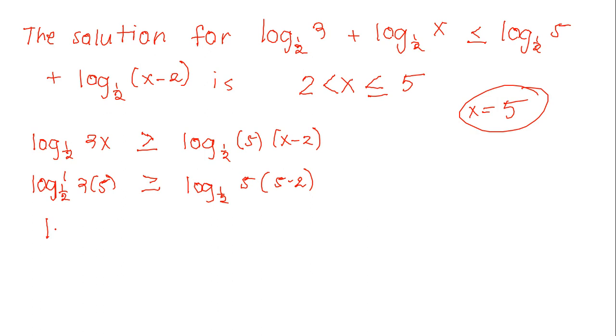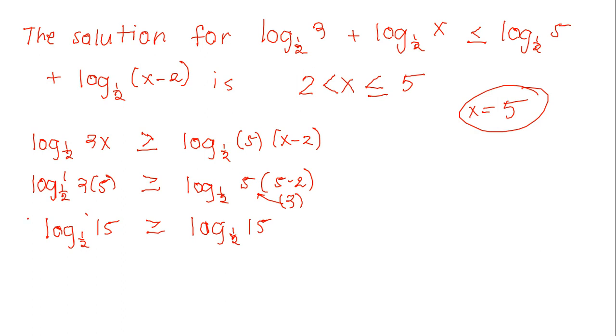3 times 5, that would be 15. And then 5 minus 2, that would be positive 3. And then positive 3 multiply po kay 5, that would be 15. Okay?